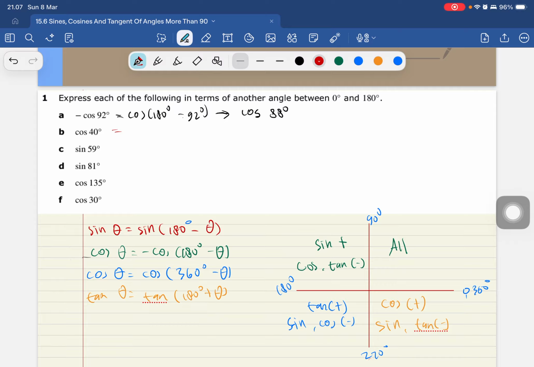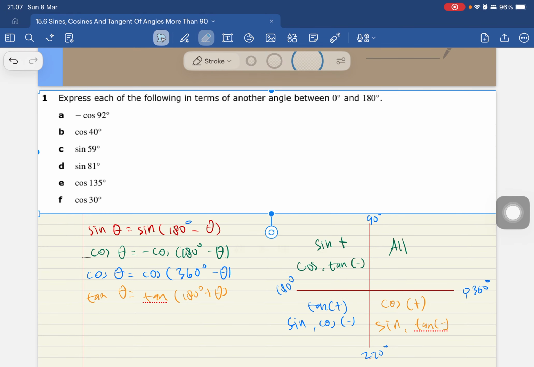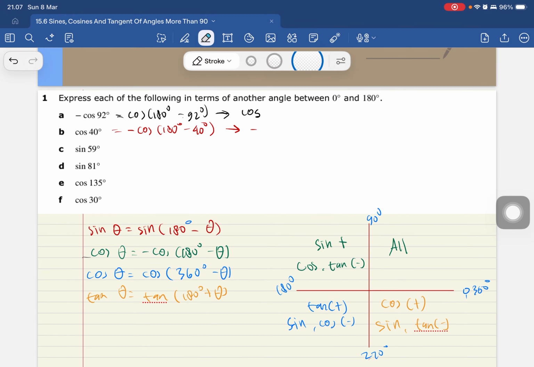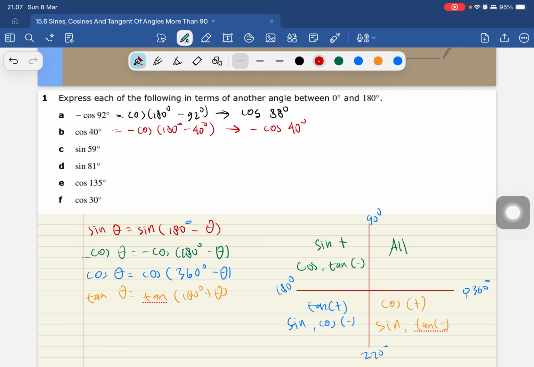Next we have cos 40, which equals negative cos of 180 minus 40 degrees. So the answer is negative cos 180 minus 40, which is 140 degrees.